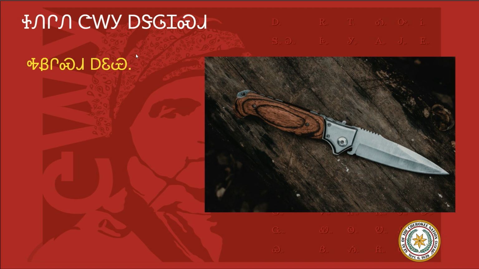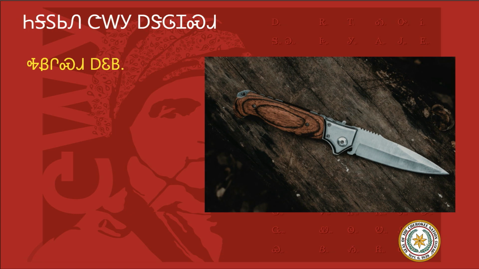Again, the verb is going to change. Okay. And how are we going to change it? We're going to change it just like we did for the word gun, right? Okay. I had a knife.